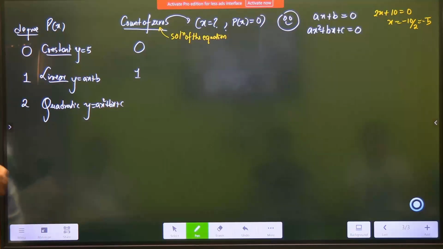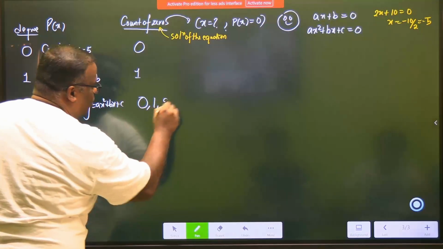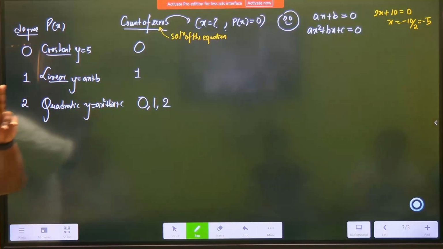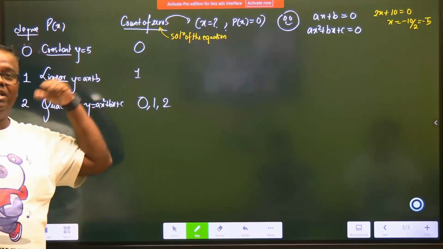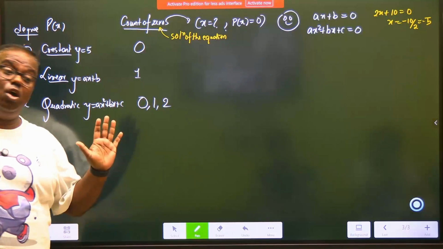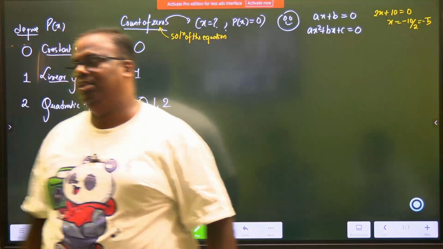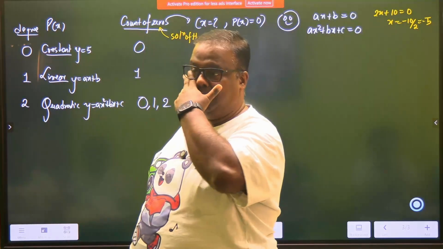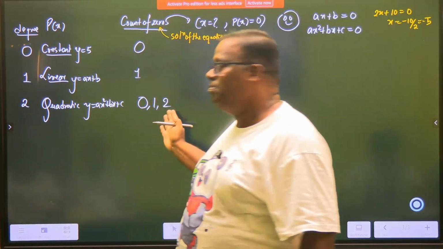Here my zeros can be no zeros, 1 zero or 2 zeros. Maximum I'll get 2 zeros. So degree doesn't tell you count of zeros. Degree tells you maximum number of zeros. It can be that many, or it may not be. Less than that is also possible. But if there is, then it will be maximum 2.